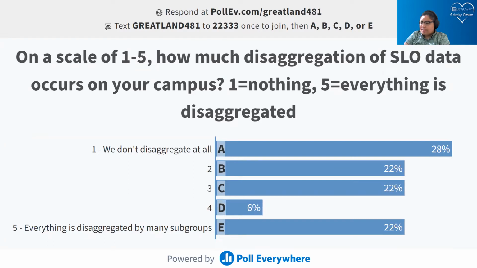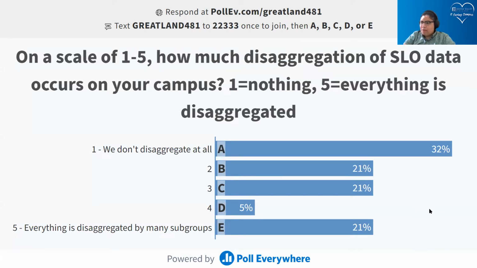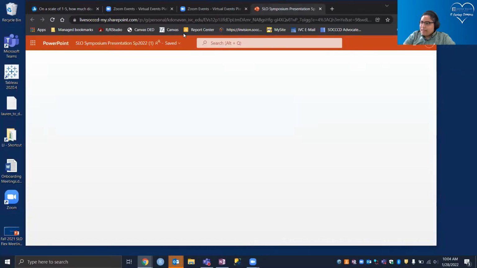Couple more seconds. So it sounds like we got a range. Some folks are disaggregating everything and some folks don't disaggregate at all. So it's great to see that there's some experience with disaggregating SLO data, and we'll hope to hear more at the end during the discussion. But thank you so much for participating in our poll. Let's go back to the presentation.